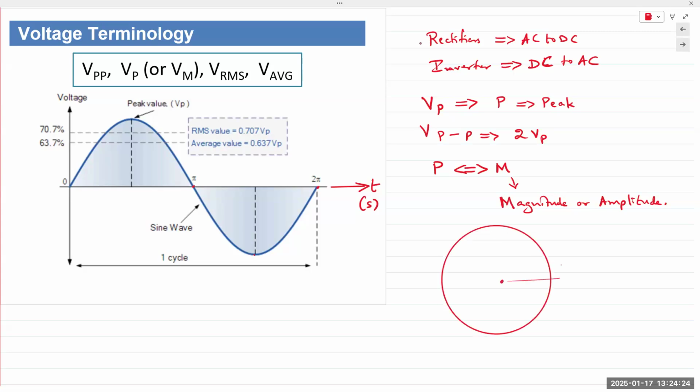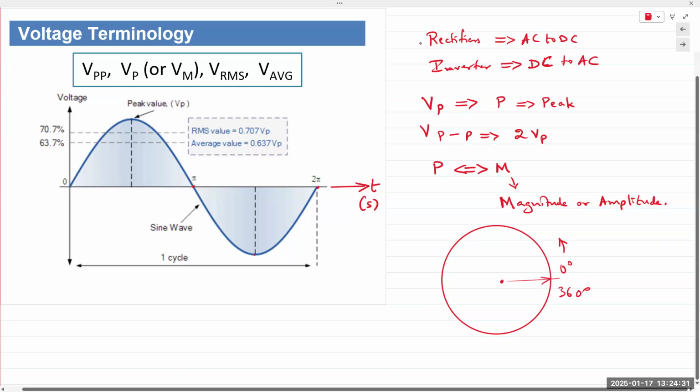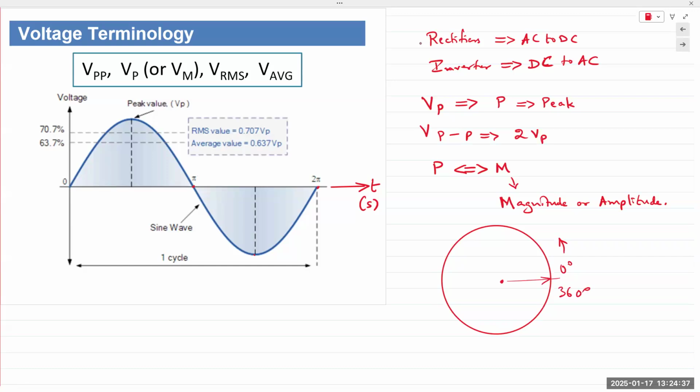The vector moves from 0 degrees in a counterclockwise fashion, comes 1 full cycle or 1 full circle, 360 degrees. Half a cycle is pi, 1 full circle is 2 pi. Symmetrical around the x-axis, half above and half below. What is the average value of the waveform?